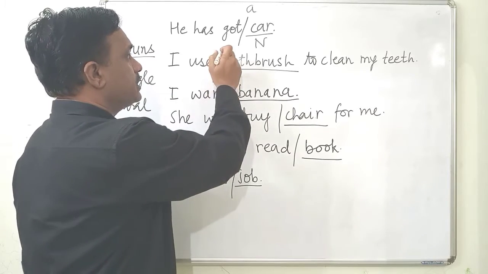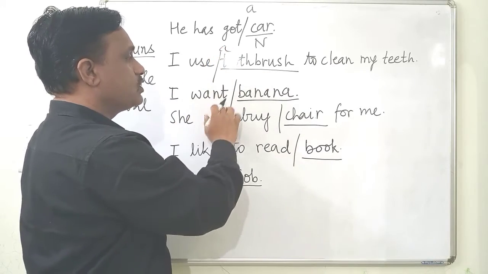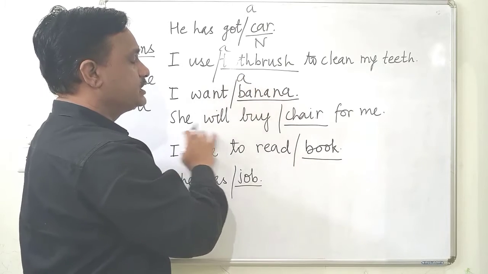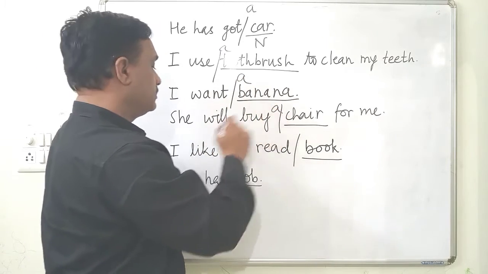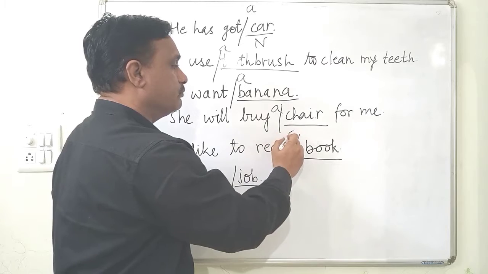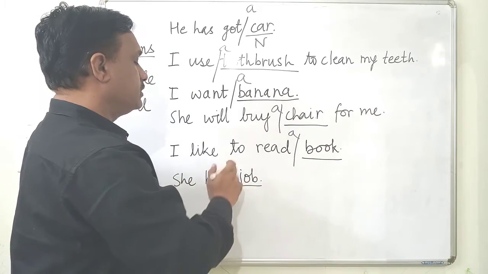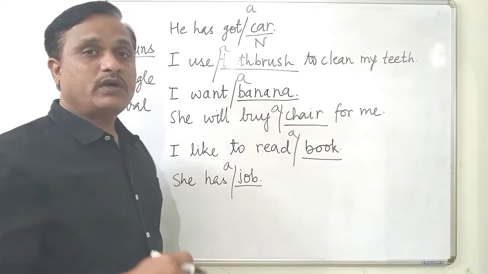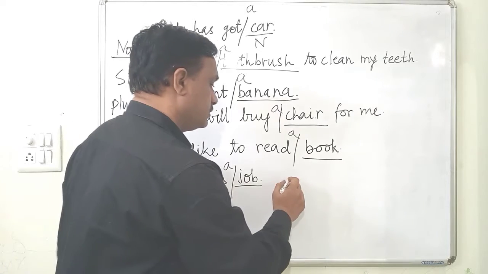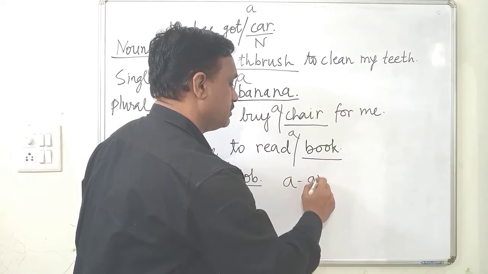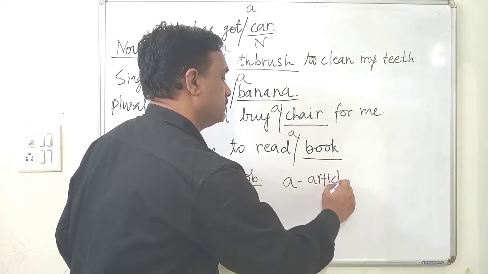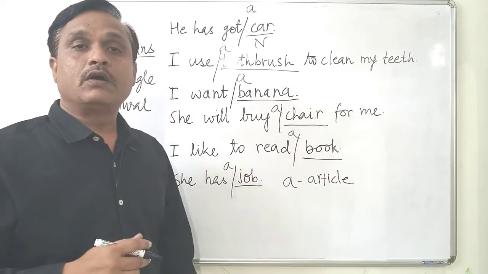I use a toothbrush. I want a banana. She will buy a chair. I like to read a book. She has a job. So what is this a? A is nothing but an article.